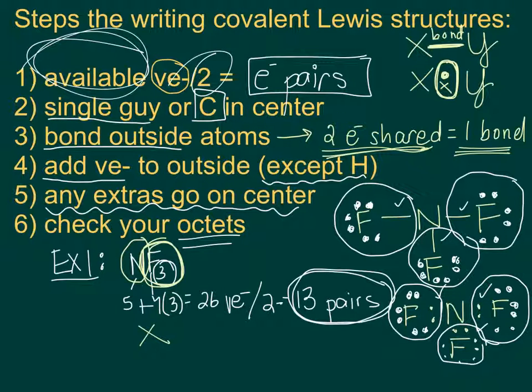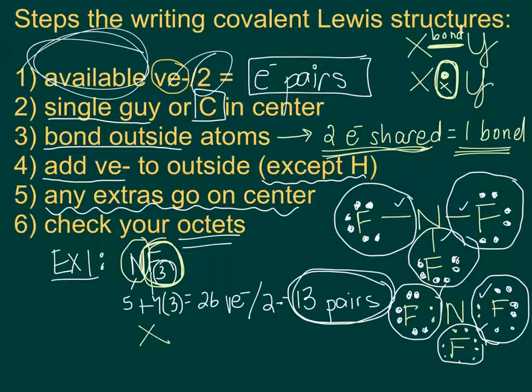So now let's count electron pairs. So here's 1, 2, 3, and then on the outside 4, 5, 6, 7, 8, 9, 10, 11, 12. So in my head I'm saying I've used 12 pairs.